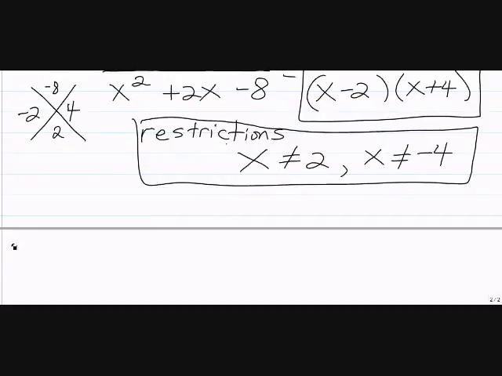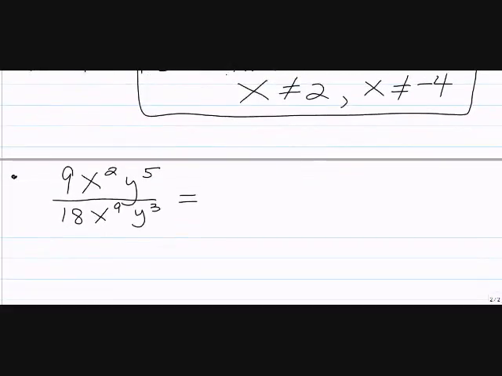Example number 2. 9x squared y to the 5th divided by 18x to the 9th y to the 3rd. Simplify. Simplify first the 9/18ths, 1/2. X squared over x to the 9th, that's 2 x's on the top and 9 on the bottom.